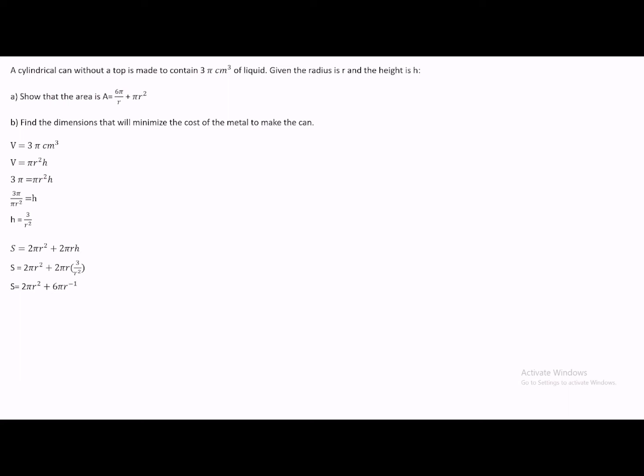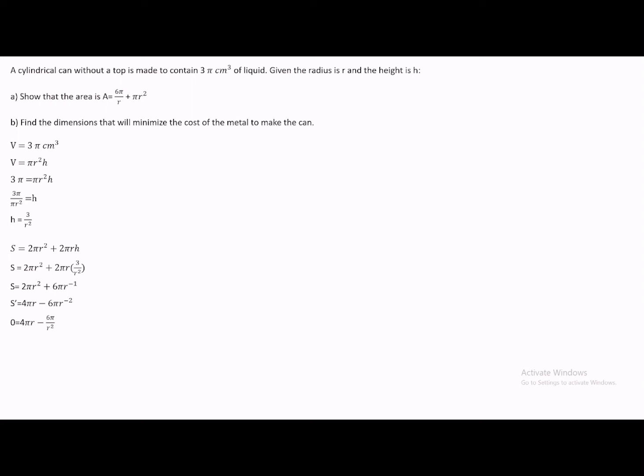Then we differentiate, and we get dS equals 4 pi r minus 6 pi r to the power of negative 2. In this method of the derivative, we bring the r to the denominator to do the calculation easily. And the surface area derivative, we set it to 0.